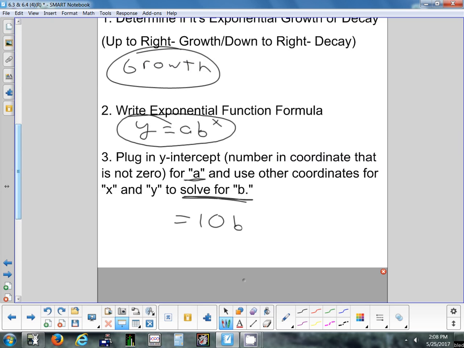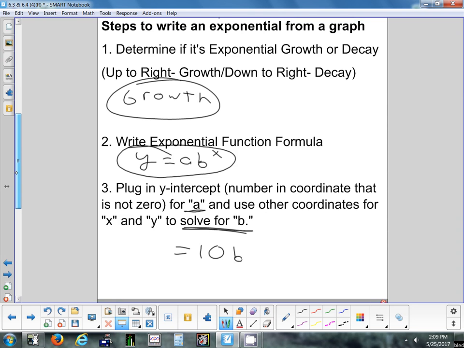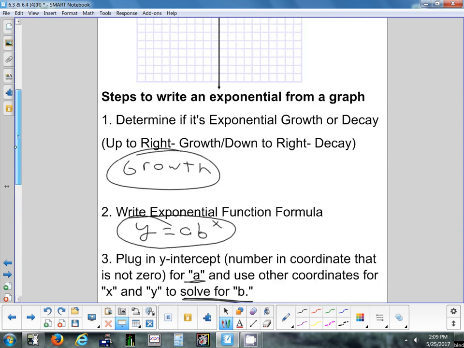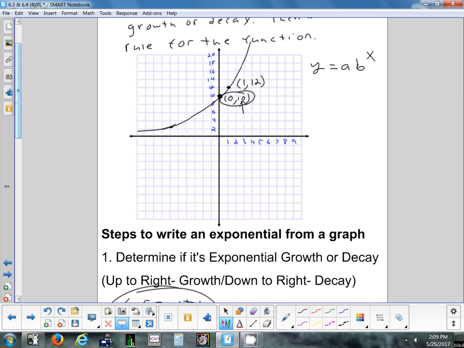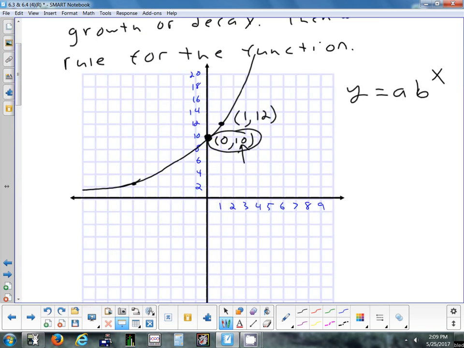Is there anything else that they gave me in that picture that I haven't used yet? Let's go back up for a second. Jordan? We used the one I circled. But is there something else we haven't used?